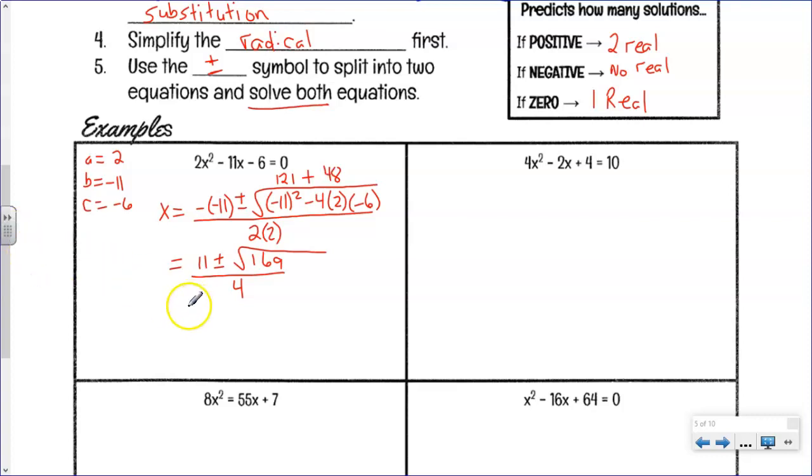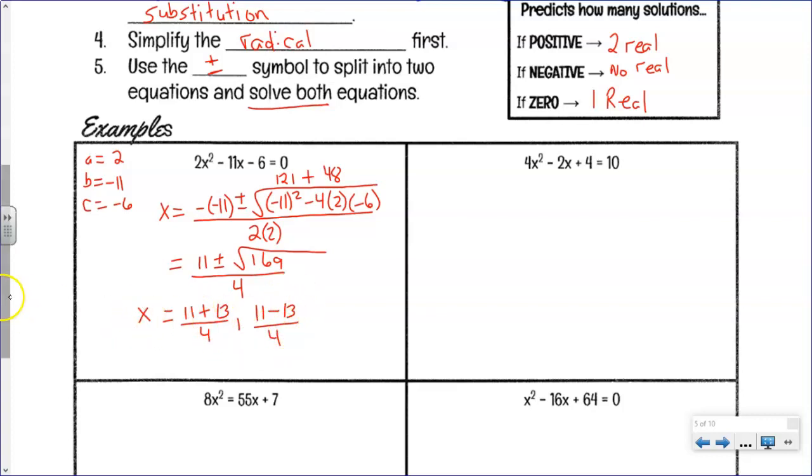Alright, so here, this would give me 11 plus, the square root of 169 is 13, over 4. So that's one part. And then we're splitting it into two equations. So now it would be 11 minus 13 over 4. Now I can't just leave my answer like this.